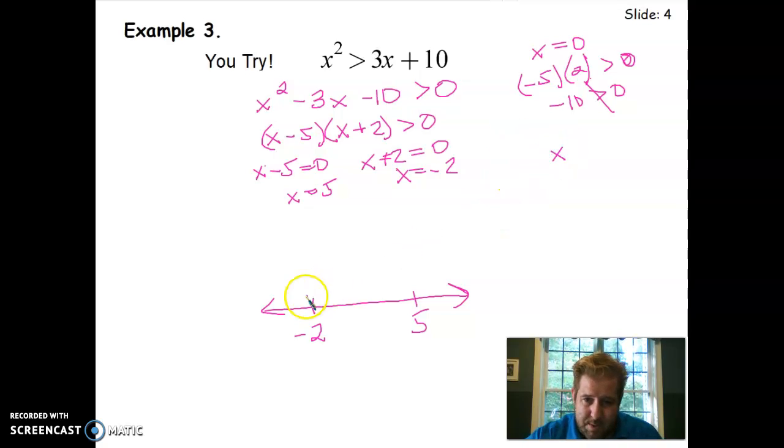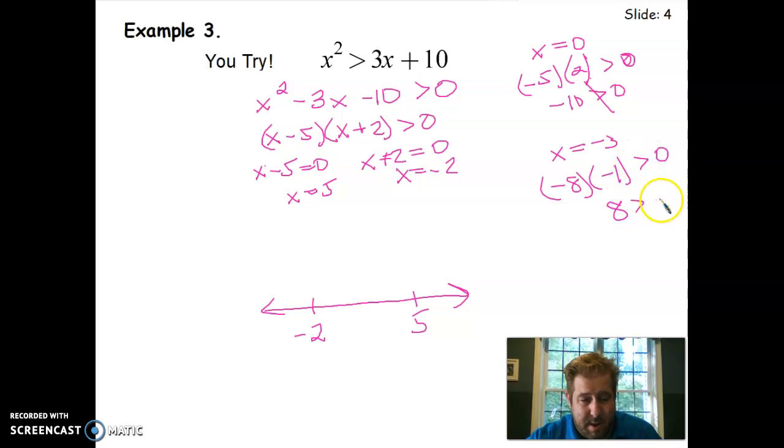So what if I choose something that's over here to the left? That would be something like x equals negative 3. Negative 3 minus 5 is negative 8, and negative 3 plus 2 is negative 1. Now, a negative times a negative is going to be a positive, and anything positive is going to be greater than 0. So that part checks out. All right, I need to test just one more, so I'm going to choose 6.